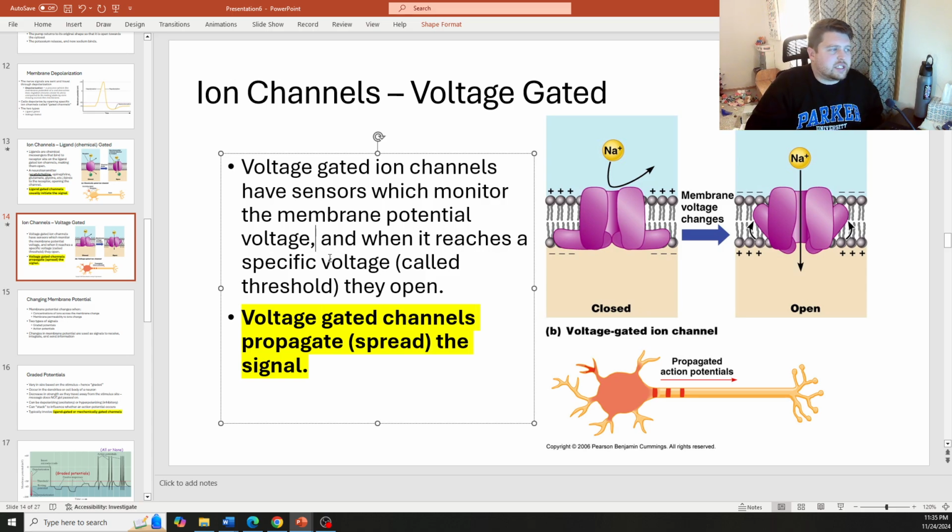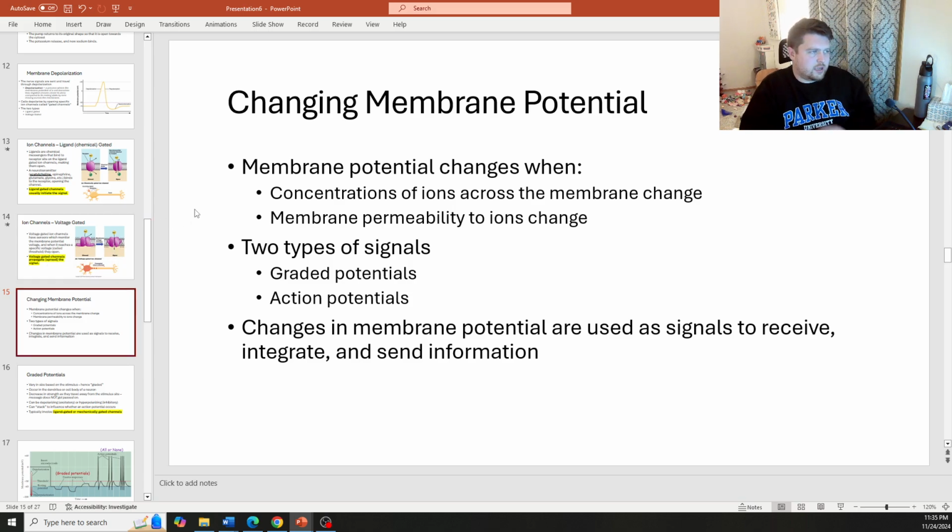And when it reaches a specific voltage that we call the threshold, they will open, and then the ions can come in or go out of the cell. The voltage-gated channels are made to propagate, or spread, the signal down the axon of the nerve cell. Cool? Everything good so far?